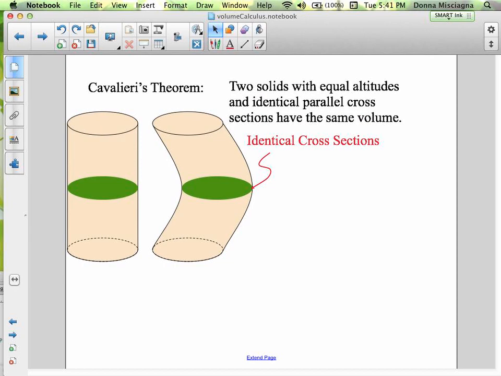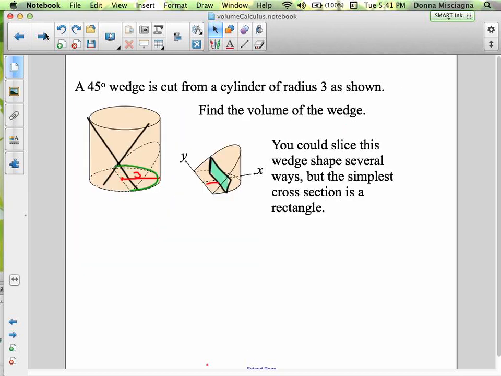This allows us to calculate the volume of figures that are not right figures. We used this back in geometry with oblique figures that leaned a little bit. So long as the area of the cross section is the same and the height is the same, the leaning doesn't matter. It still will have the same volume.